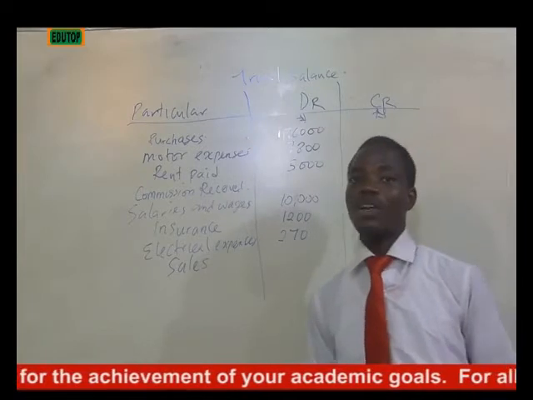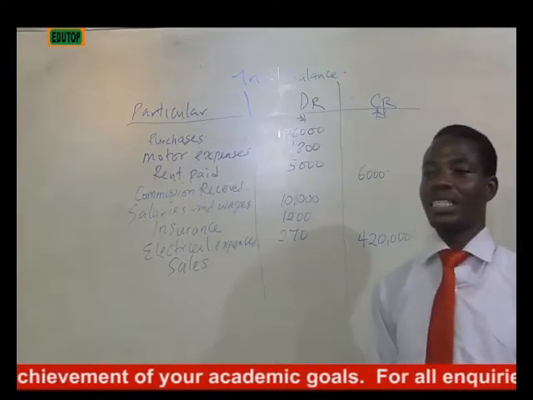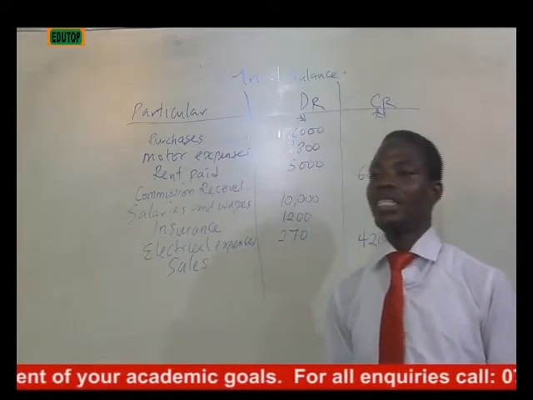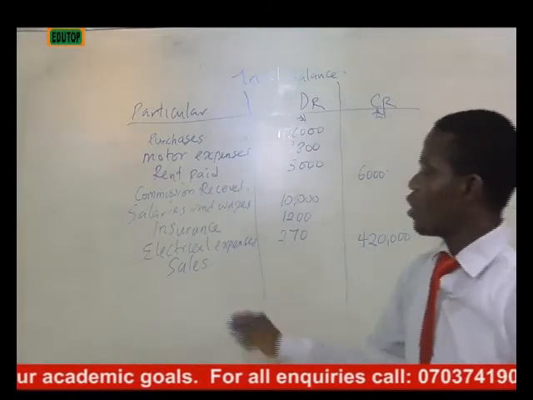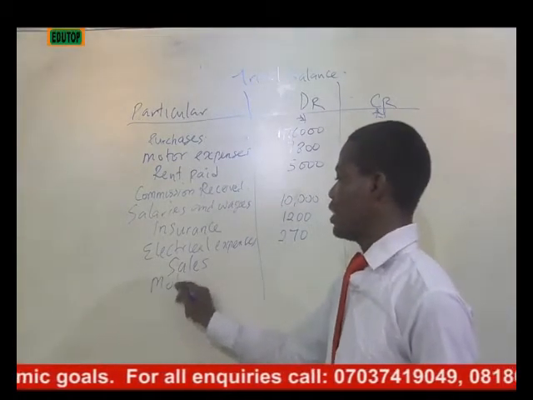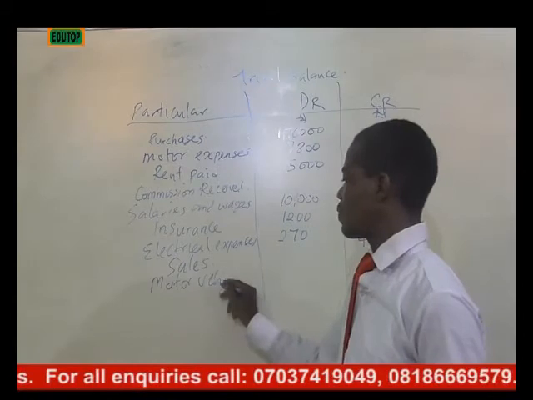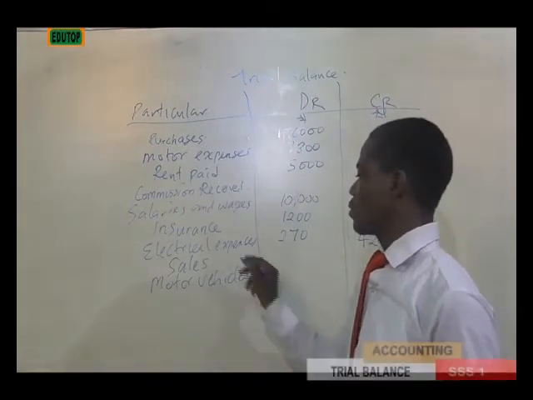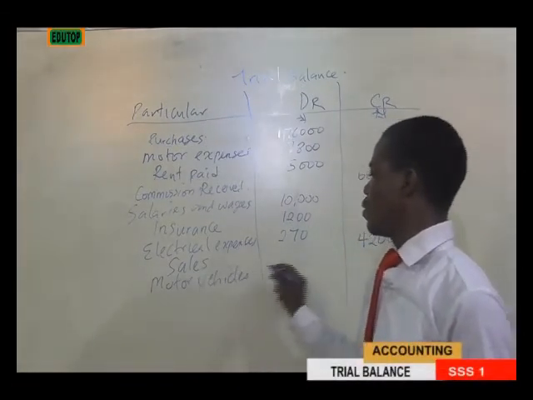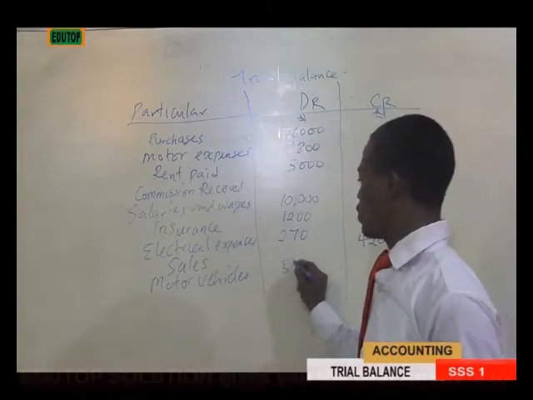You know that we have personal account, nominal account and real account. So it falls under the real account. So it also has to be debited because it is an asset. So that is 50,000.